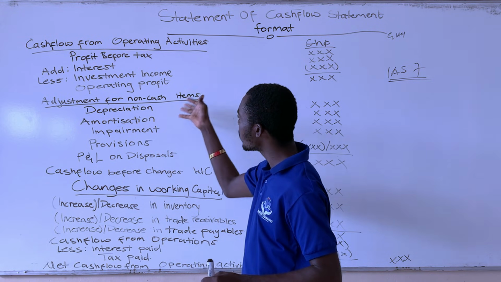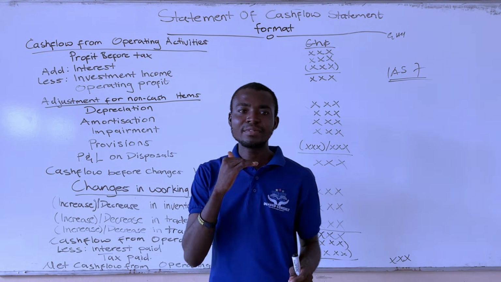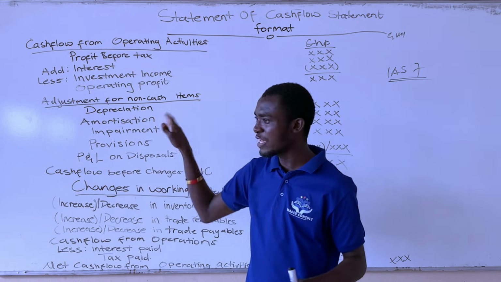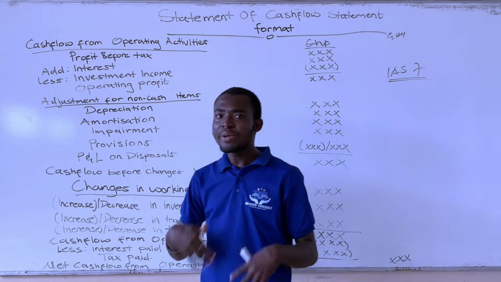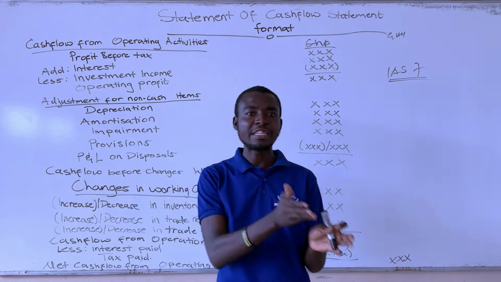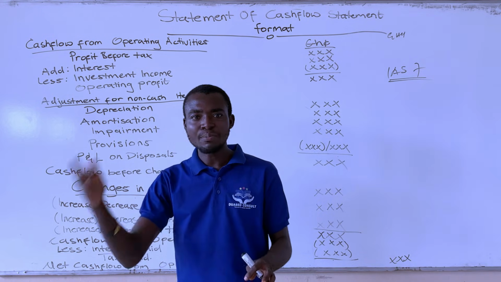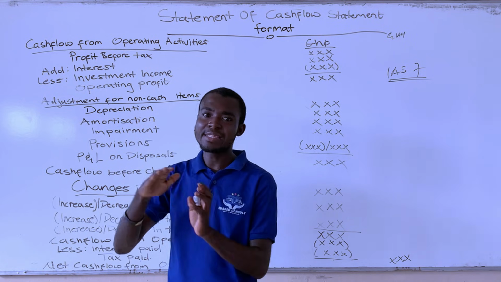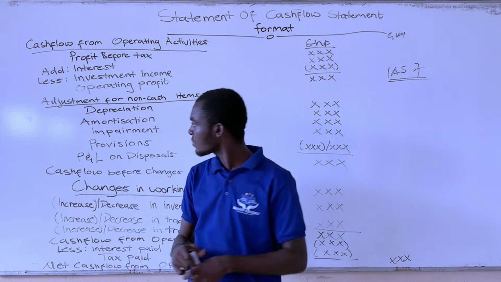Amortization is similar to depreciation. Depreciation is charged on tangible assets, and amortization is charged on intangible assets. So for amortization, we treat this as an expense in the preparation of the trading profit and loss account, which will reduce our operating profit. So we will add amortization back to get the actual operating profit.